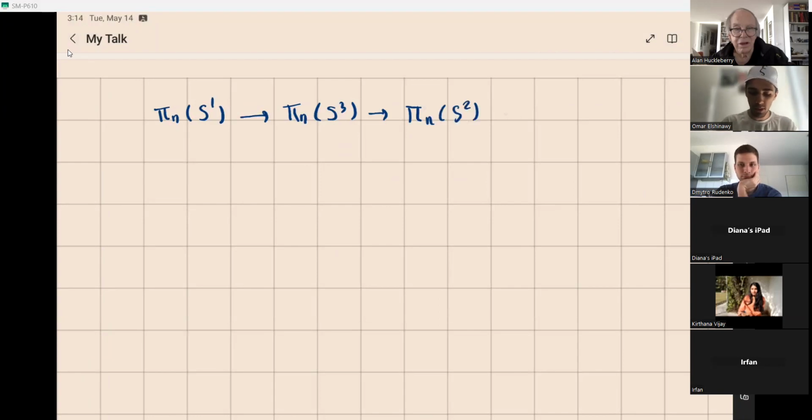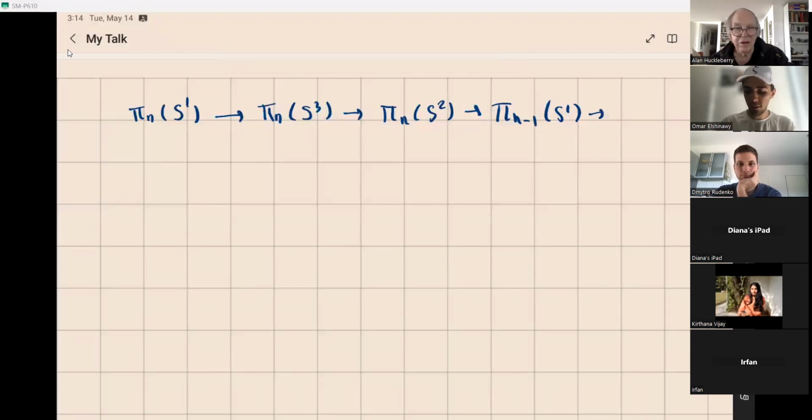Exactly. And of course this continues to the left and to the right. The sequence is exact in the sense that the kernel is equal to the image.